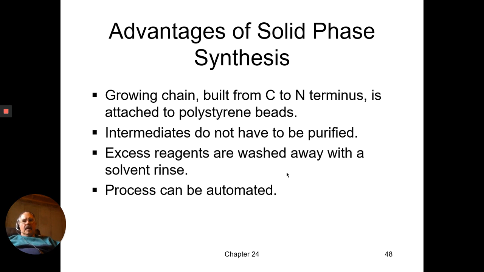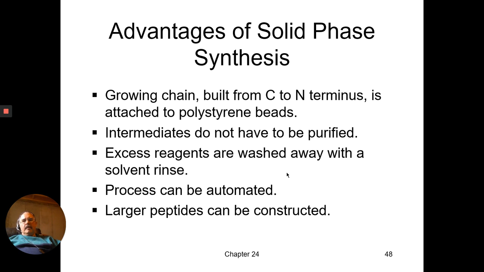And then the real advantage is that this can be automated. We can program the sequence that you want, and this is so widely used that it's now become very cheap unless you're using really unusual, unnatural amino acids. But you can program in the sequence you want, and it can be automated.